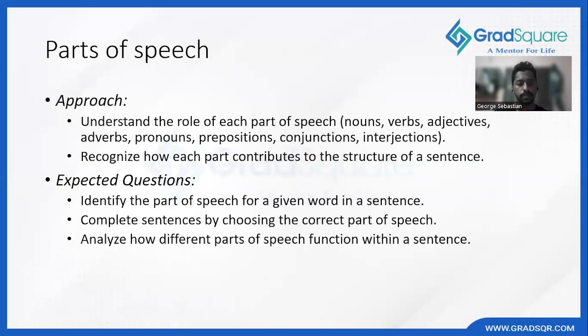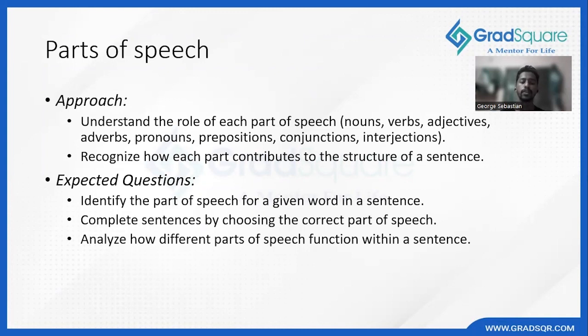One of the major and important areas in grammar is the parts of speech. So how should we approach the parts of speech? If we have a clear understanding of the role of each part of speech, such as nouns, verbs, adjectives, etc., it will be really helpful. It's more than enough actually.